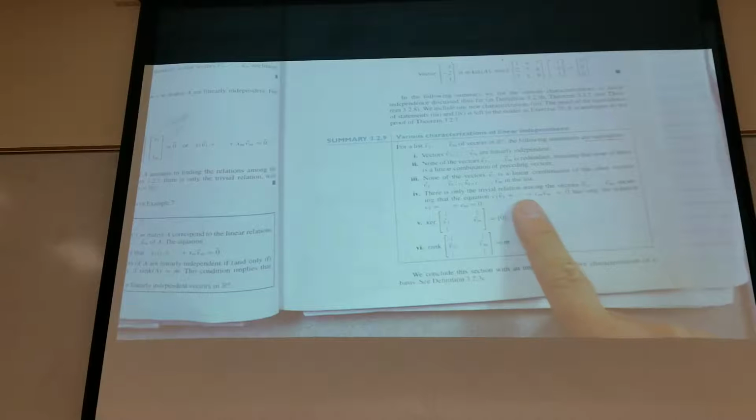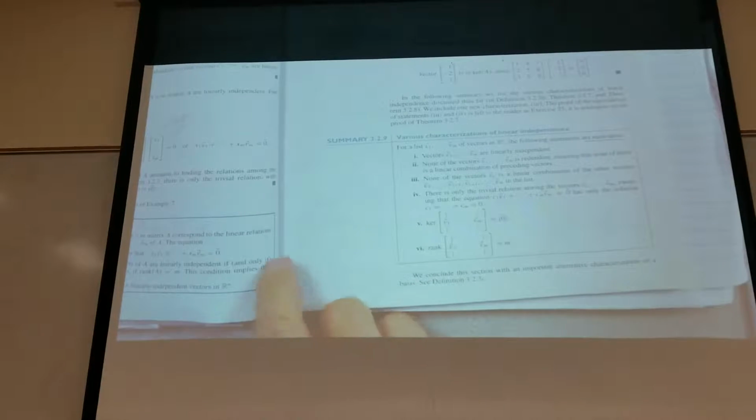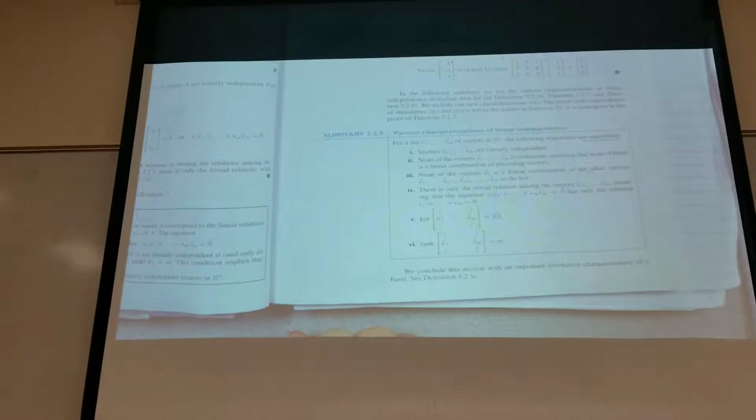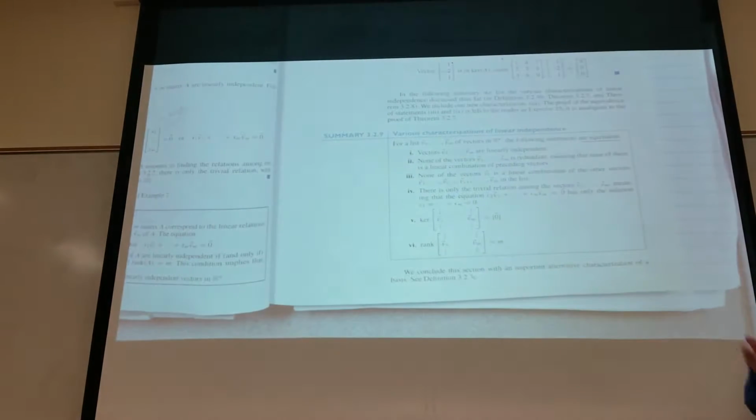Now this time we use relations. In particular, some of the relations are trivial. Actually, one of them is trivial, which is always there. You give me any vectors V1 through Vm in Rn, then we can always use 0 as the coefficients.